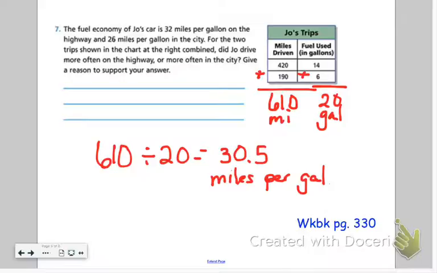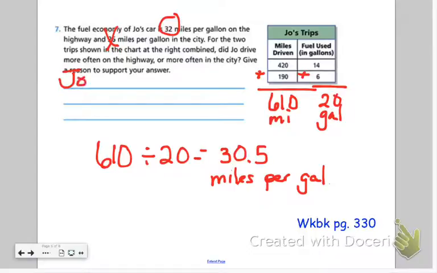Okay, so my average miles per gallon, my mean miles per gallon, is about 30.5, and I'm thinking 30.5 is closer to the 32 than it is to the 26. So I bet that Joe drove more on the highway than in the city, because they more likely got 32 miles per gallon than the 26 miles per gallon. So let's see.